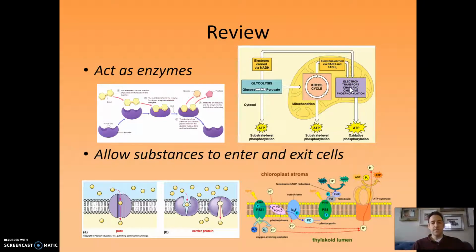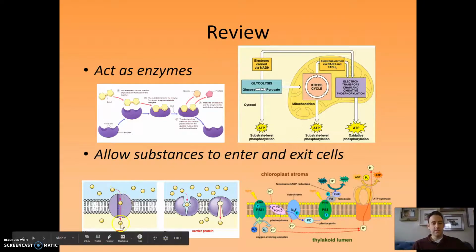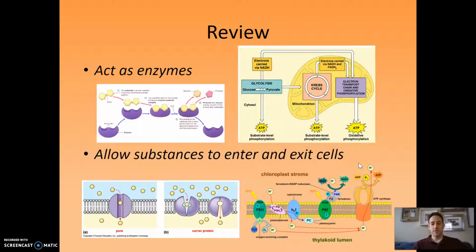They allow substances to enter and exit cells. So we saw that just basically facilitated diffusion or active transport. And then also, again, in that electron transport chain, whether it's in the mitochondria or chloroplast, we saw that some of these proteins are proton pumps that allow protons to pass through the membrane.